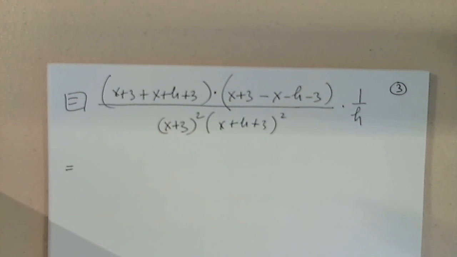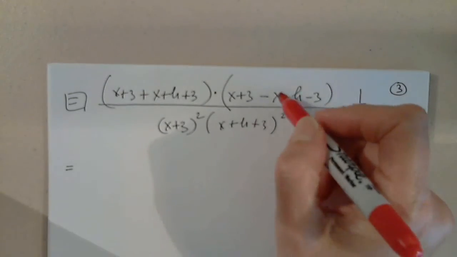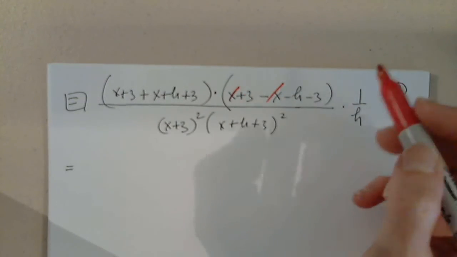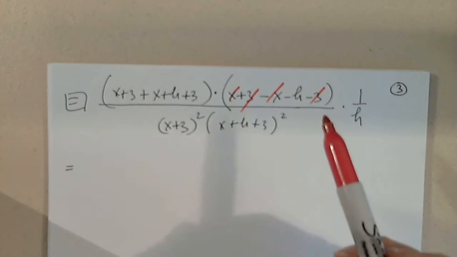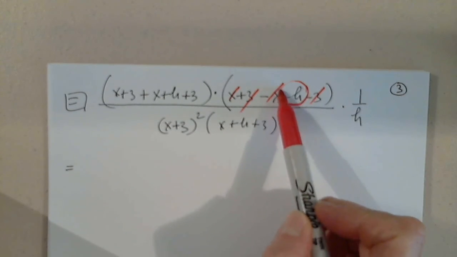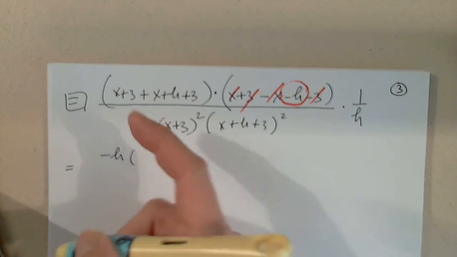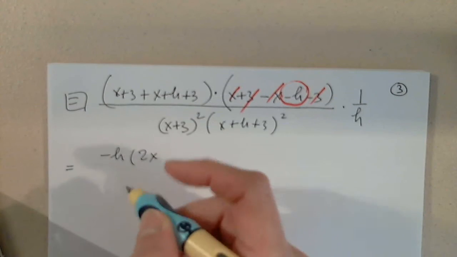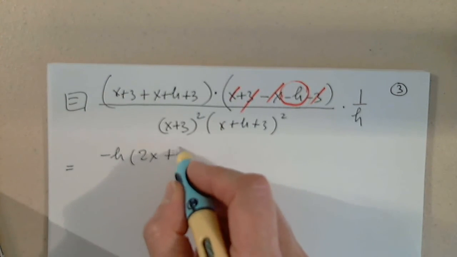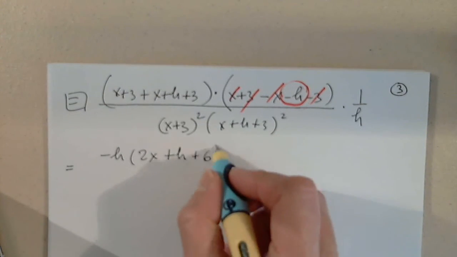Now, I will try to simplify as much as possible in the numerator. And here it is, negative x with positive x, negative 3 with positive 3, and there is a negative h that will go in front of the parentheses. So negative h. And now x plus x is 2x plus h and plus 6.